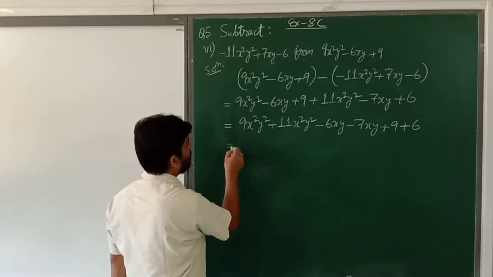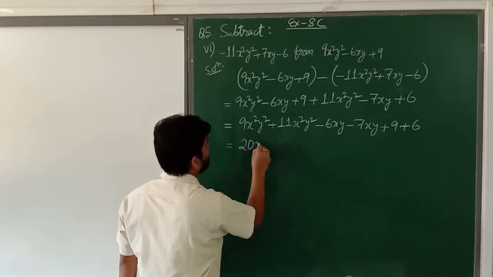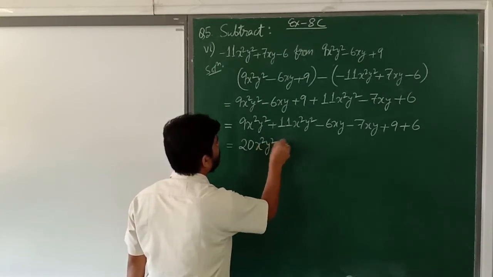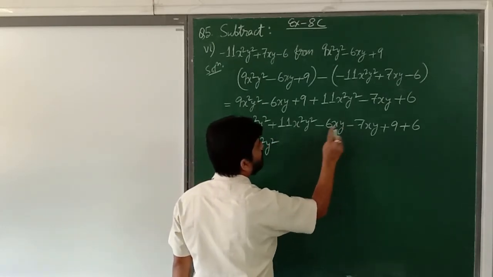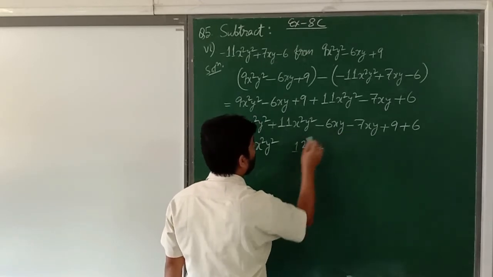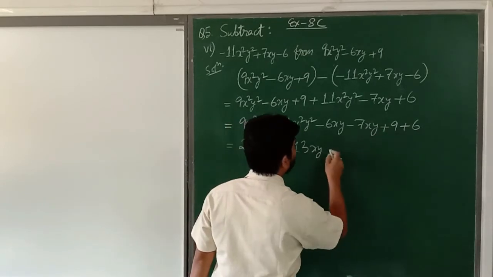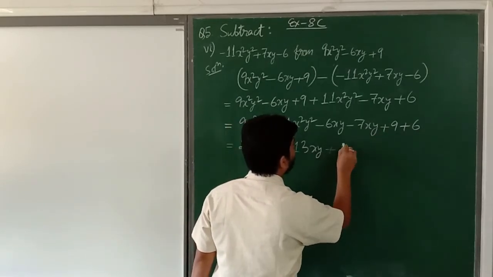Now 9 plus 11 is 20, x square y square. Minus into minus is plus, 6 plus 7 is 13. Both are minus, so minus will come, xy. And since these both are plus, so plus 15.